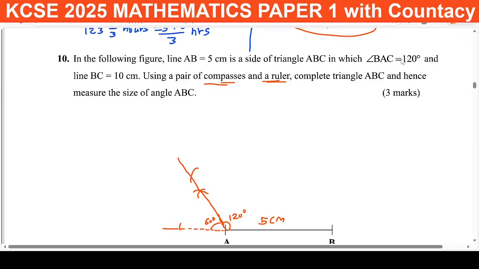So BAC is 120 degrees. This is a line whose length you don't know, so it just extends to somewhere there. The next statement is what is going to guide us where we are going to locate our C. We are told that BC is equal to 10 centimeters. So you are going to come here with your ruler and measure from 0 centimeters, 10 centimeters upwards.